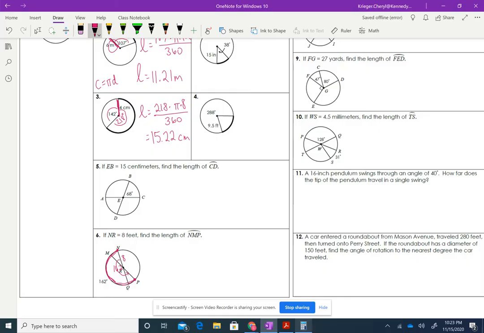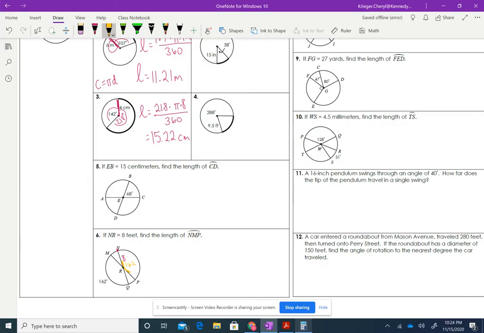Okay, so how am I going to find that? Let's see. All right, well, we know that MRQ and NRP are vertical. That makes NRP 162. So if I'm trying to find everything else besides 162, I would subtract it from 360, right?